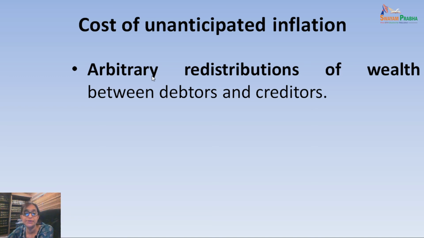It is arbitrary; there is no clear logic behind it. Why? Because if today I lend somebody money thinking that the rate of inflation is going to be 4%, and hence I charge them a 6% rate of interest, and they return me that money after a given period of time, they are paying me this 6% because I have anticipated an inflation rate of 4%.